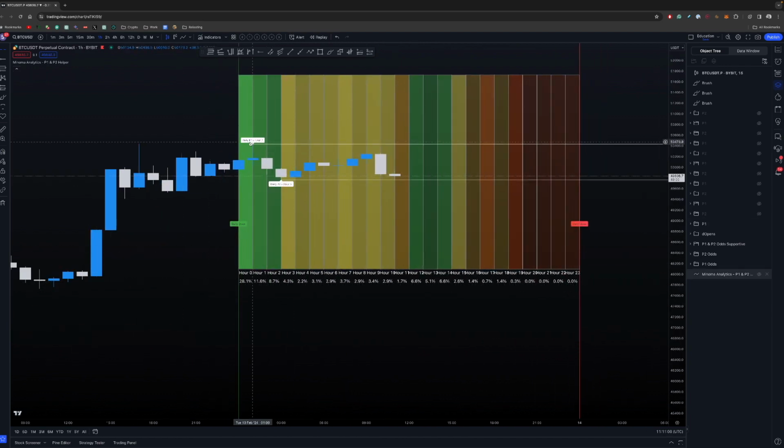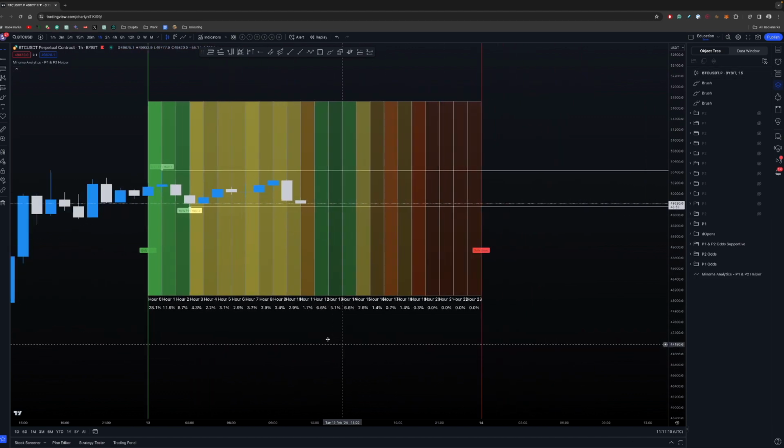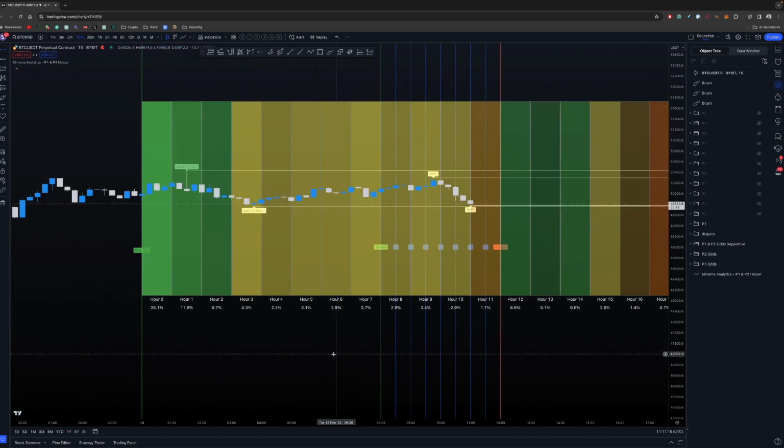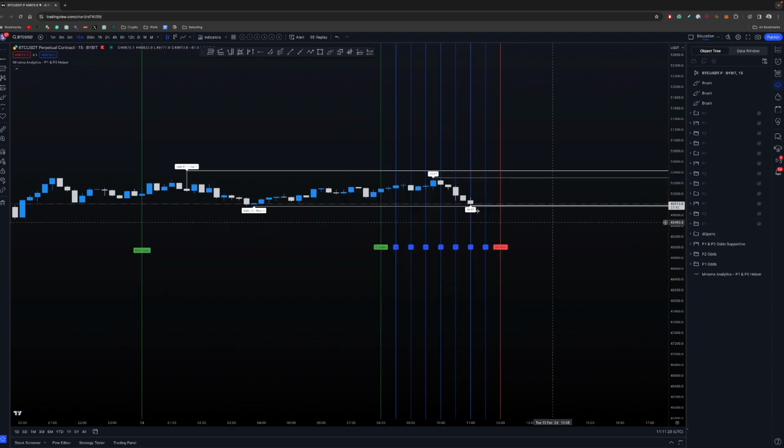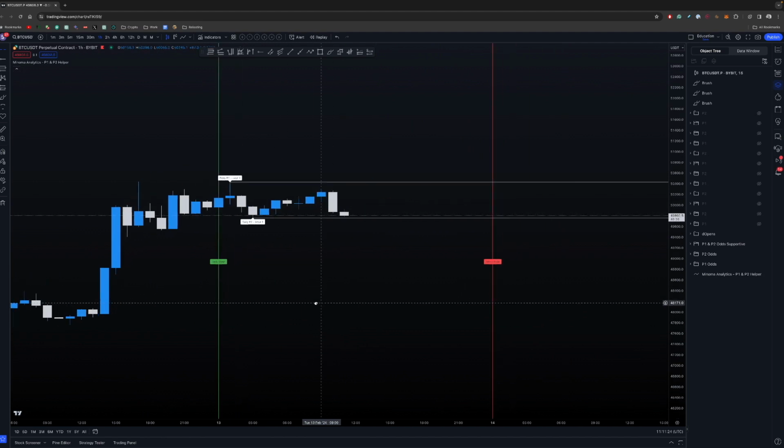For the first pivot of the day, this one right here has 11.6% historical occurrence, and this one right here was put in at the start of hour 3, so 4.3%. This is what we know now. And again, this is fractal, right? We use multiple time frames. We use top-down statistical analysis, as we like to call it. Here you can see that we also look at the 4-hour, but we're going to get into that in later videos, and you will see it's very powerful to use on different time frames.